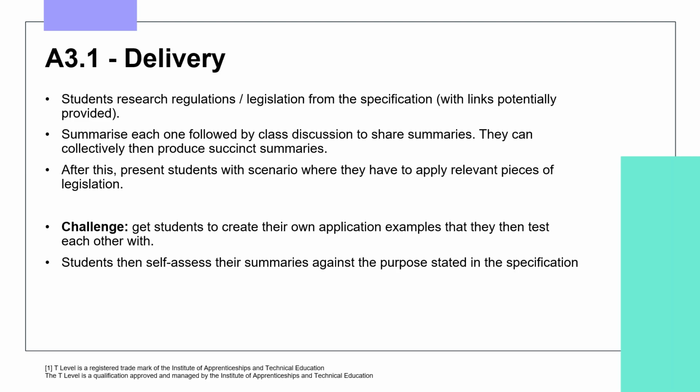Then, using their own research, they then create a summary of each, and once they have those summaries, they can then have a class discussion to share their ideas and collectively come up with succinct summaries of each piece of regulation and legislation. Now, this is important to help students embed the knowledge through articulating what they've learned.